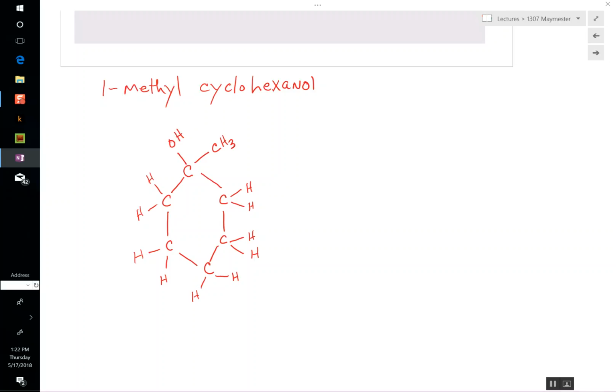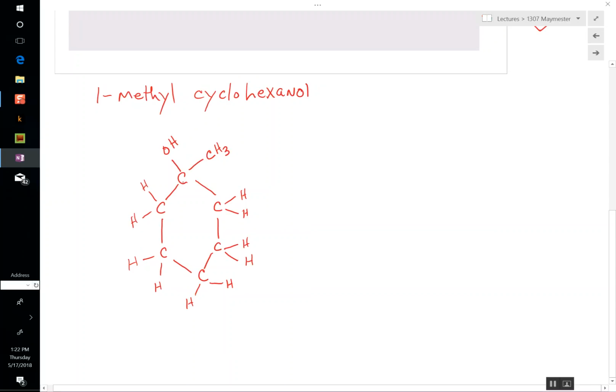Tertiary. That's a tertiary alcohol. Look at here. Here's your carbon. This is the carbon the OH is attached to. And there's 1, 2, 3 carbons attached to it. So this is a tertiary alcohol.